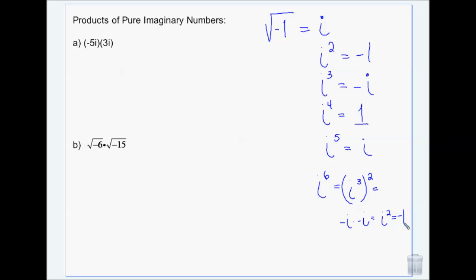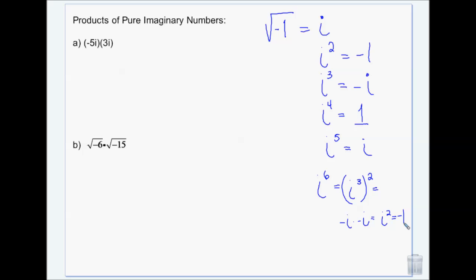Or if I want to know i to the 15th, I go 5, 6, 7, 8, 9, 10, 11, 12, 13, 14, 15. Again, negative i. So I can just count through the rotation until I get to the number I want. So it's just a rotating pattern. It's always i's and negative i's and 1's and negative 1's, just repeating over and over again.